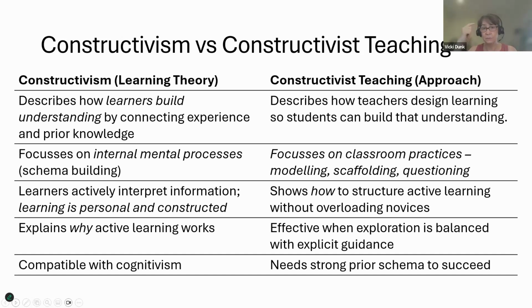They have to actively think about it and interpret it to learn it. Learning is personally constructed. I can't just put it in there as much as I want to. And this theory helps explain why things like active learning work, because when the kids are actively learning, they're thinking about it and doing the work.